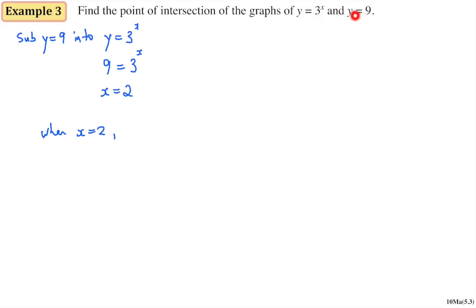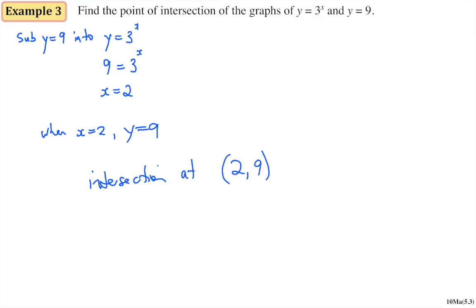It says y is always 9. So when x is 2, y is 9. If you substitute it back into there, you get 3 squared, which is 9 as well. Hey, we're finished. That's actually quite an easy question. So the point of intersection is at 2, 9. Finished.